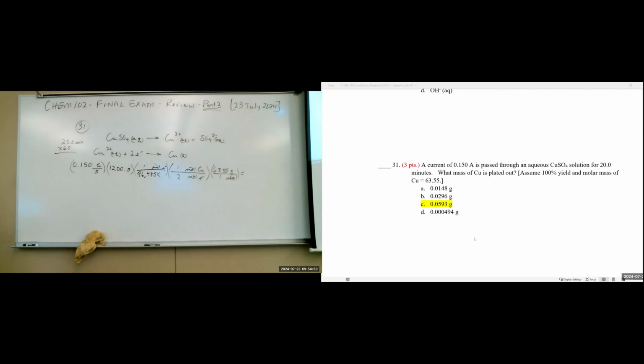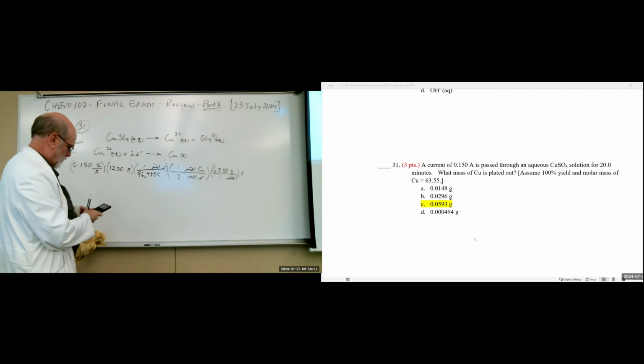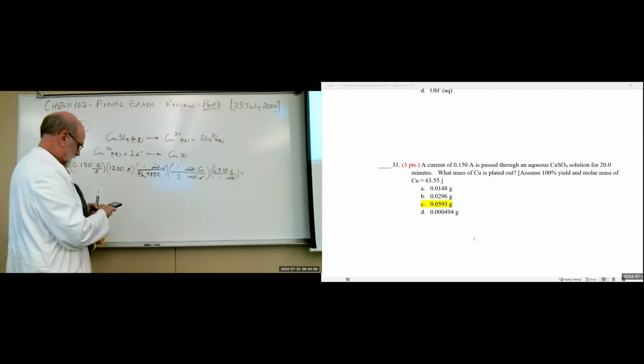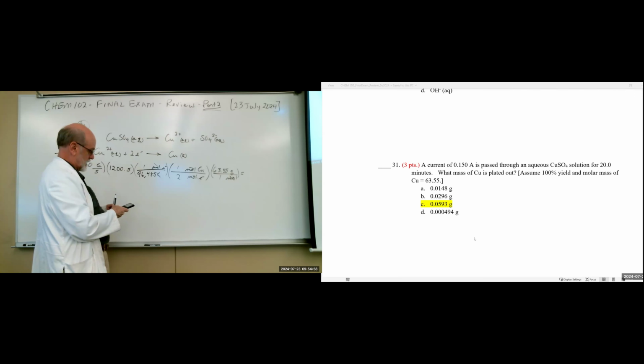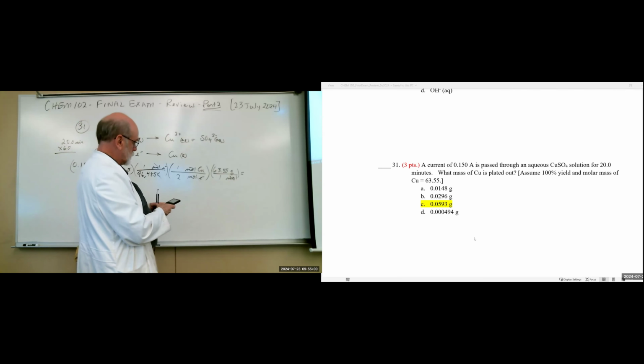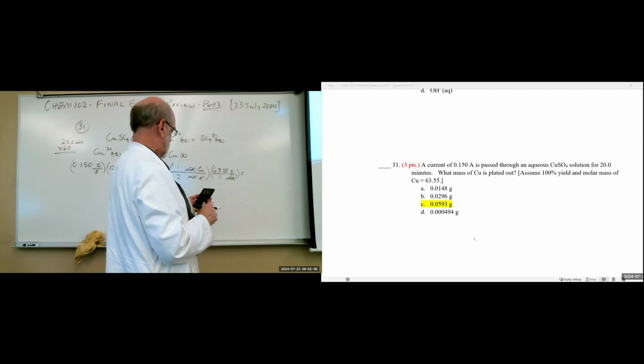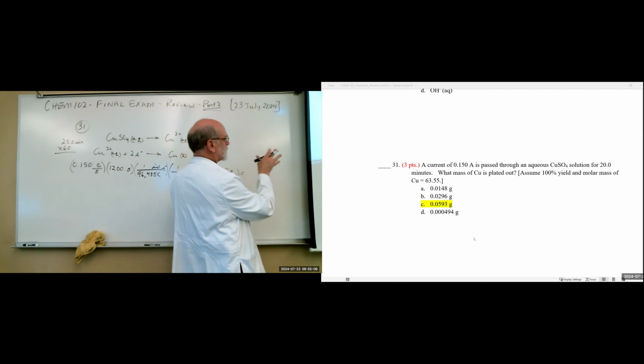Now all we have to do is crunch some numbers. So 0.15 times 1200 divided by 96,485, divided by 2 and times 63.55. So I get, let's see, standard notation.